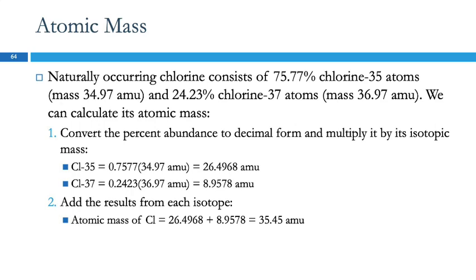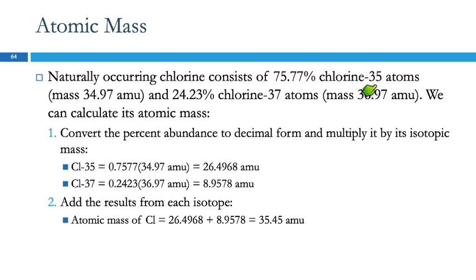So, naturally occurring chlorine has 2 different isotopes, chlorine-35 and chlorine-37. And their relative amounts have been studied, and we know that it's 75.77% chlorine-35, 24.23% chlorine-37.